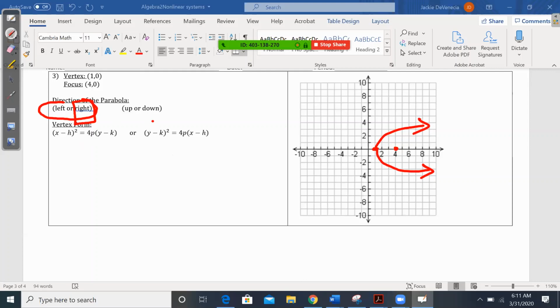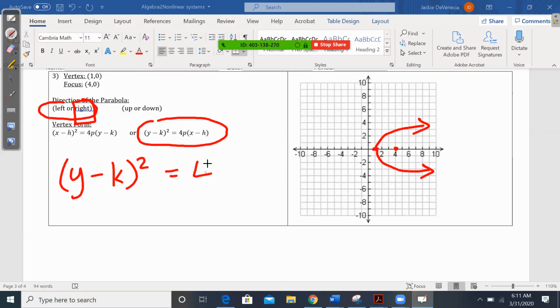And the vertex form I want to use is this one right over here. So let's rewrite it. And now that we have our form, I can start filling things in.